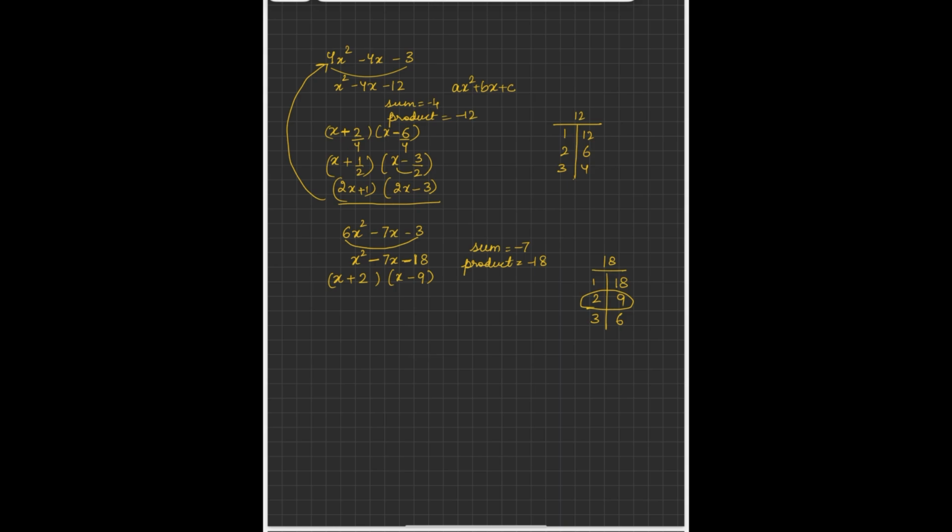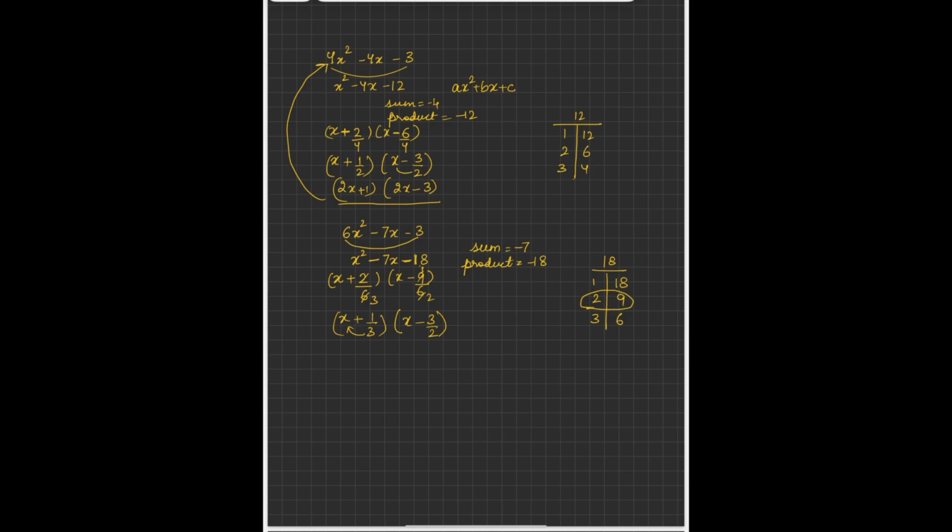Now since we had multiplied 6 and 3 to make it 18, we will divide this by 6. After cancelling, we get x plus 1 by 3 into x minus 3 by 2.